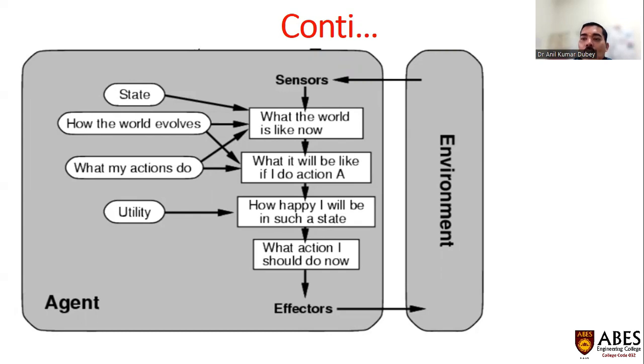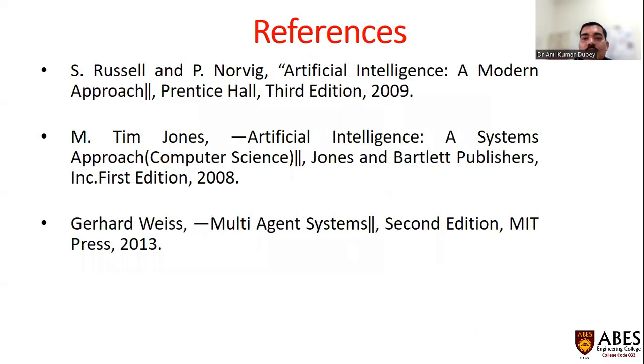So the happiness degree is computed: how happy the person is, meaning how happy I will be in such a state. Similarly, what action should I do for now to resolve that particular problem. After that, they resolve this, and the effectors are visible in the environment.